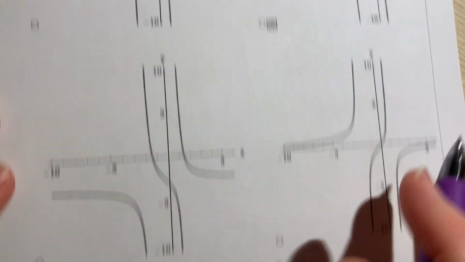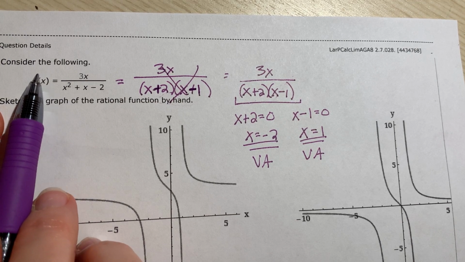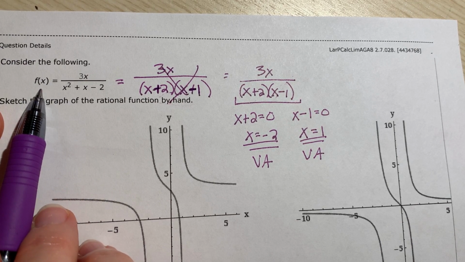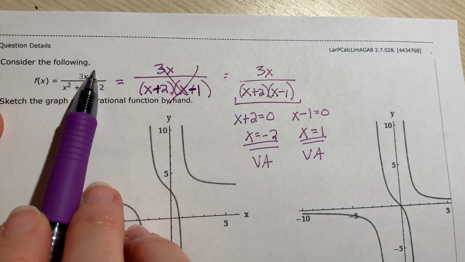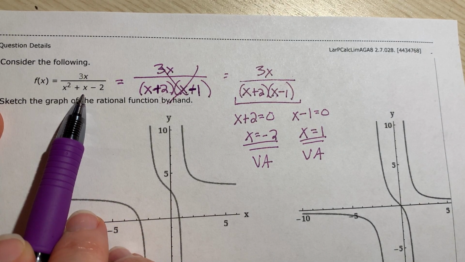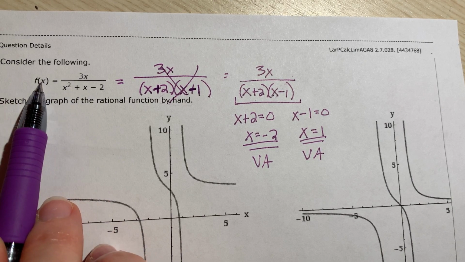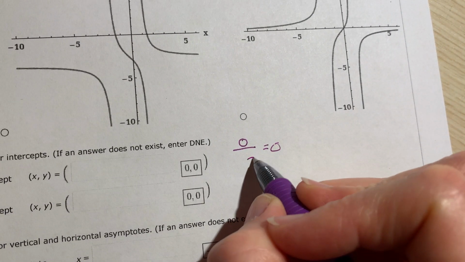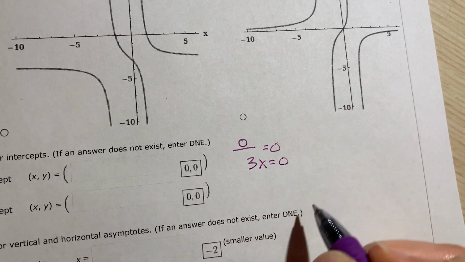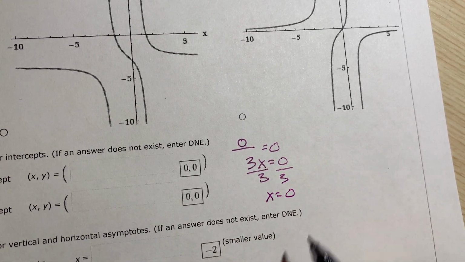So if I want to think what is going to make y 0, so I want to think about having a 0 here. Well, anything that makes my numerator 0 will make this entire fraction 0. So all I really need to do is set the numerator equal to 0. So my numerator is 3x. If I set that equal to 0 and I solve for x, I'm going to get x equals 0.